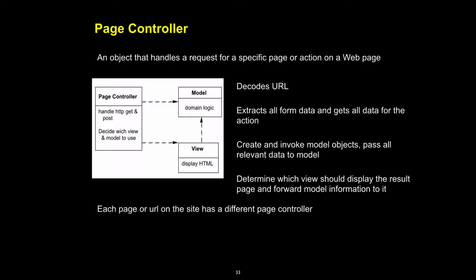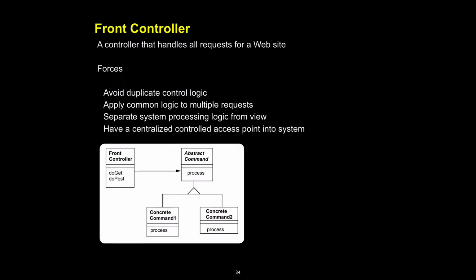And so you have each page, and you've got a controller for your application, right? And so we have a page controller. But having a separate controller for each page can be cumbersome. So then you can have just one controller for the entire web application.